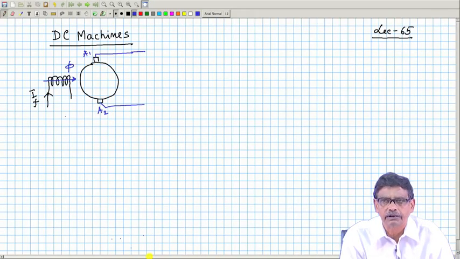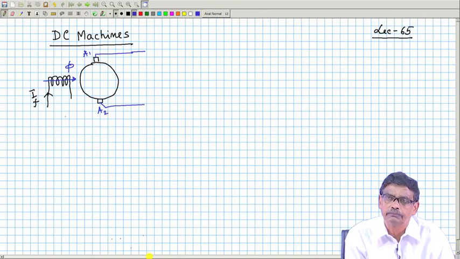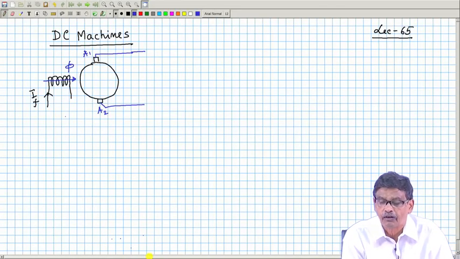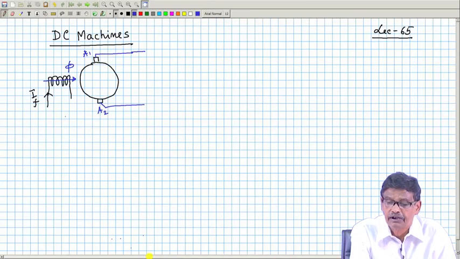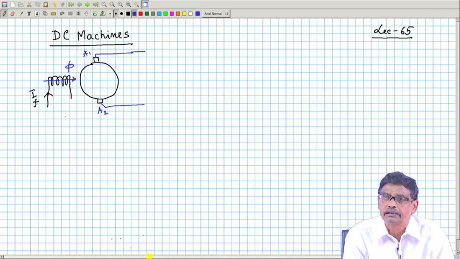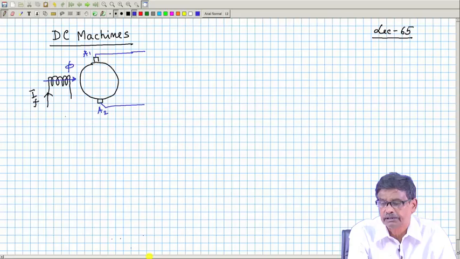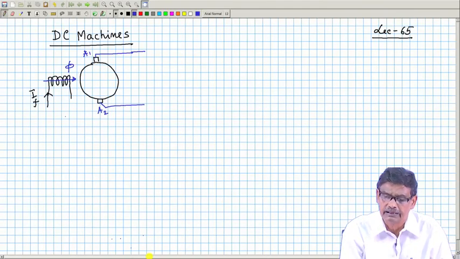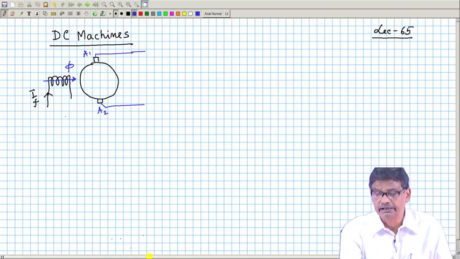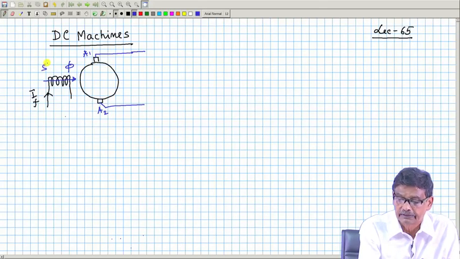Field winding on the rotor and armature winding on the stator, the mechanical way that we are rectifying the AC input voltage can be done with solid state switches. That is of course outside the scope of this lecture. We will consider conventional DC machines, where field winding and armature winding cannot change their places, that is, armature cannot be on the stator and field winding on the rotor. So, this is stator, always stator.